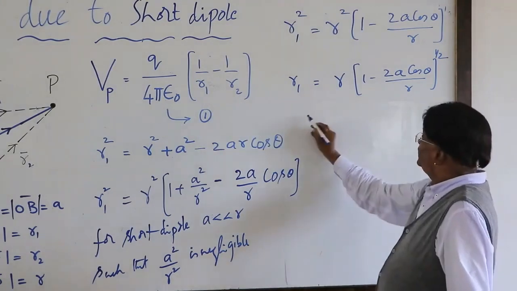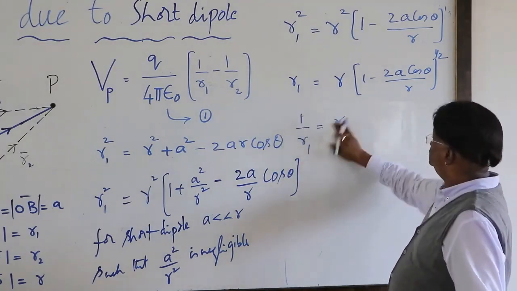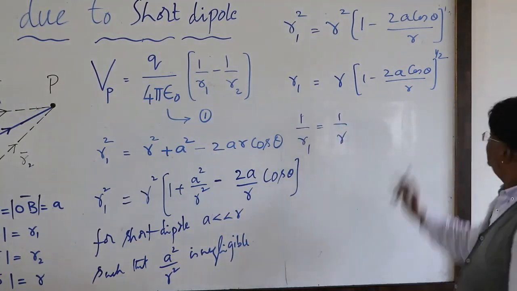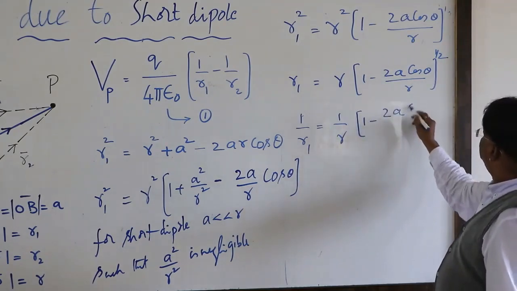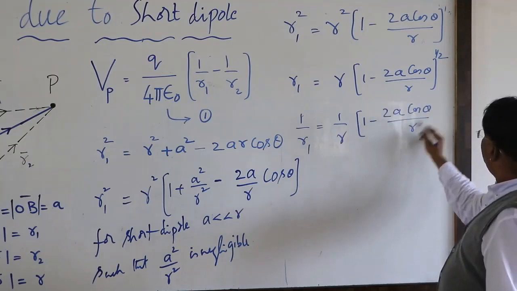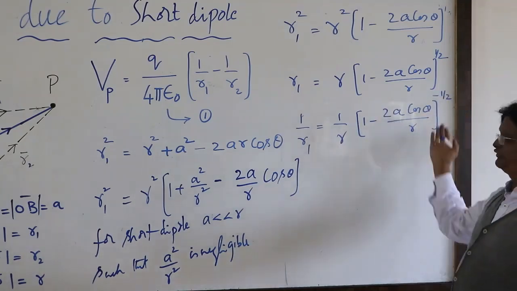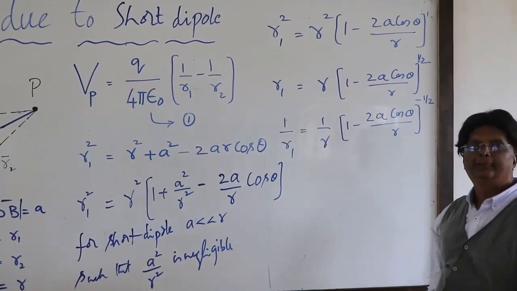Therefore I will write 1 upon R1 is equal to 1 by R times 1 minus 2a cos theta upon R whole raised to minus half. Because we have taken the reciprocal, this half becomes minus half.